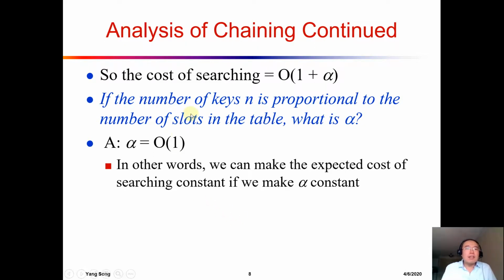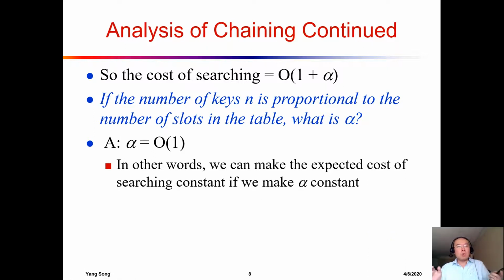If the number of the keys n is proportional to the number of the slots m in the table, which is alpha, in this case we are considering n to be a relatively small number compared with m. And then this alpha can be considered as a constant value. And when alpha is already a constant value, then this O(1 + alpha) becomes constant as well.